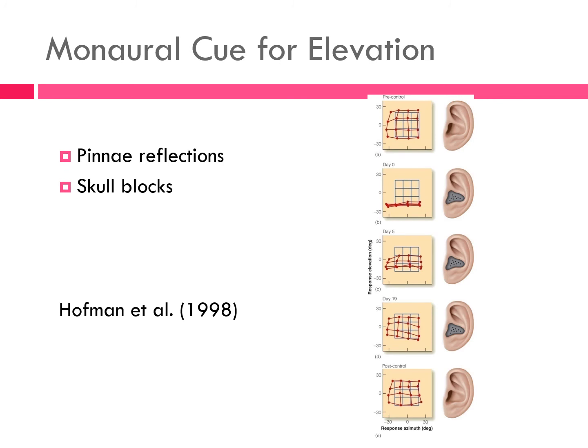So we use this monaural cue for elevation based on the reflections of our pinna, and I'm going to show this in a study by Hoffman et al. Where you can see at the very top what they are doing is playing tones at each of those.